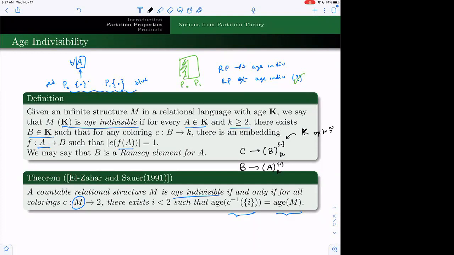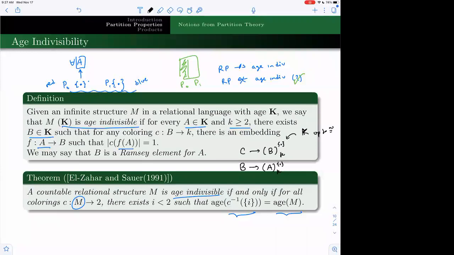I think Norbert Sauer called it, actually, age indivisibility is the definition of the Fraïssé limit, and the analog is the vertex Ramsey property, where vertex is just the points of this structure. Does that make sense?